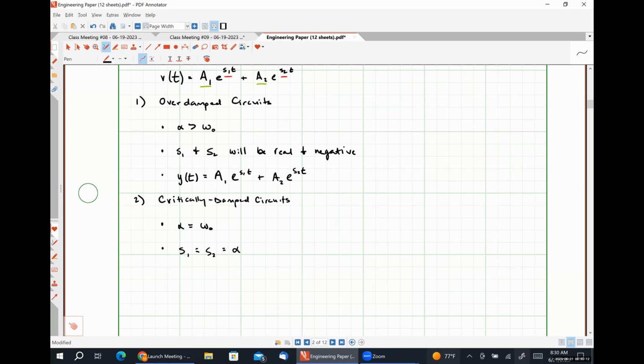So this is going to force us to modify our response equation in order to take into account the fact that we have two initial conditions, which are going to help us solve for the behavior. So for a critically damped circuit, our general response, y of t, will now be of the form A1 t e to the negative alpha t plus A2 e to the negative alpha t.